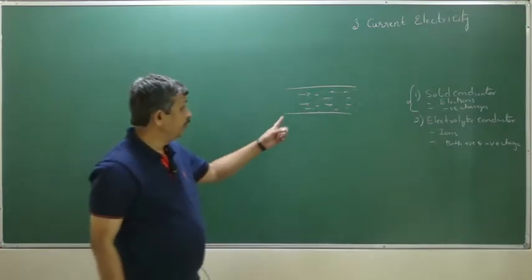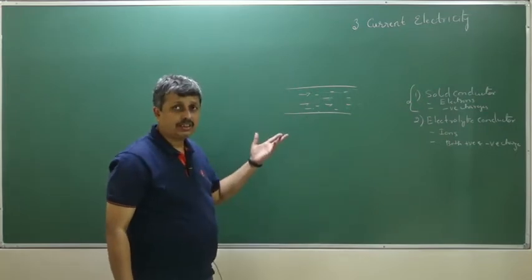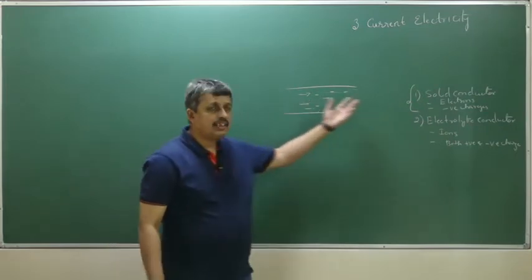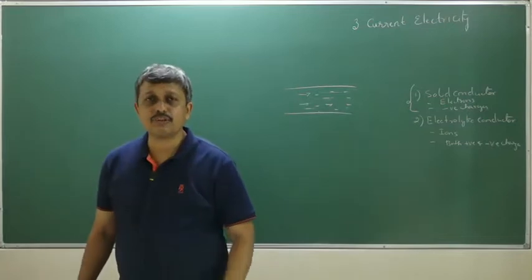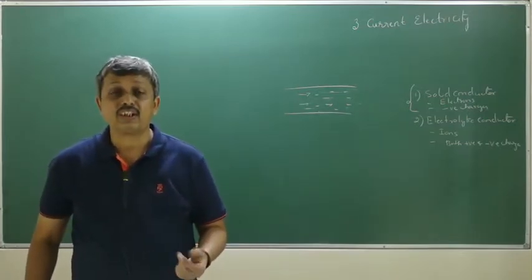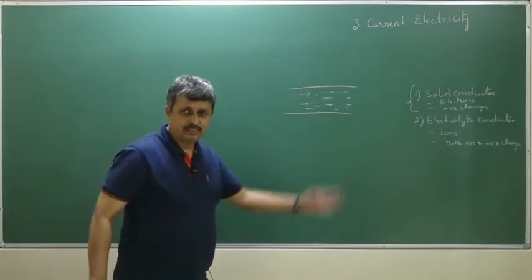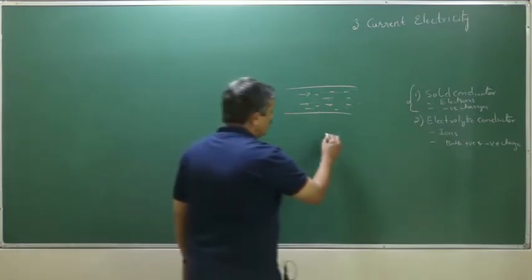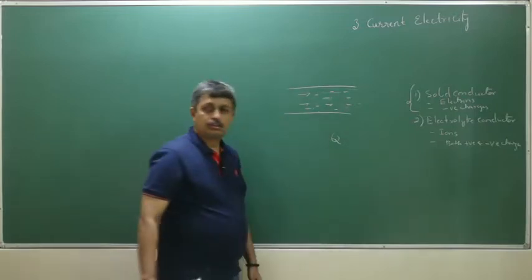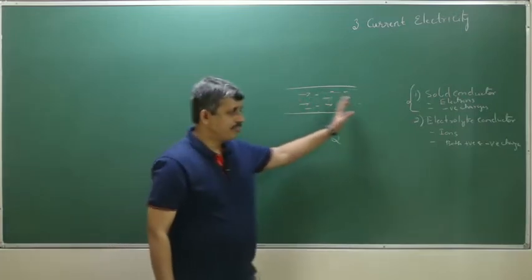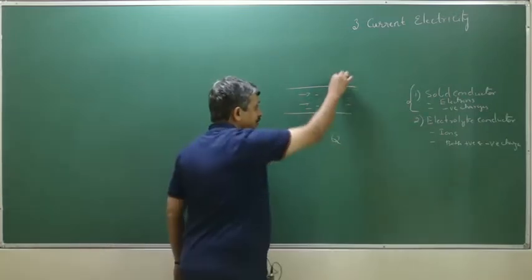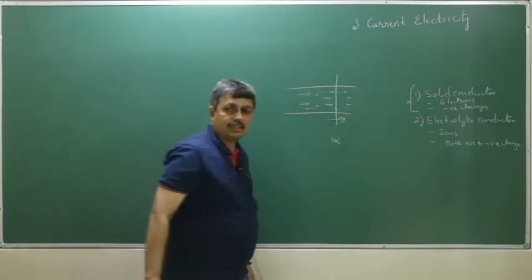So here actually in solids, the electric current flow is mostly due to electrons. But in either case, whatever the charges that we are basically getting, let's say now charge Q comes out of this or crosses this place, the cross section.